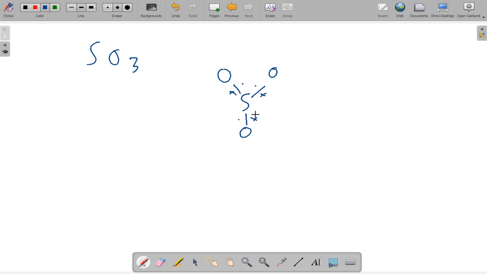It's always helpful to draw your bonded pairs in and then count the number of electrons that sulfur has used so far. Since it has 6, we have 1 lone pair of electrons. So, knowing that is 1 pair, we have pyramidal, and 107 degrees there.